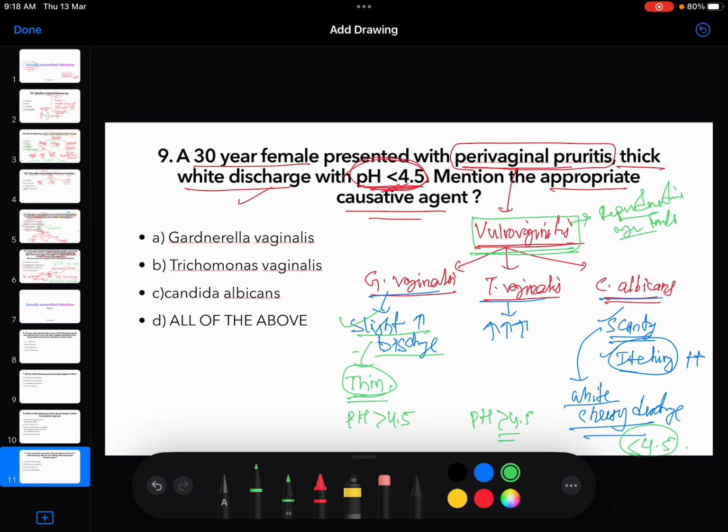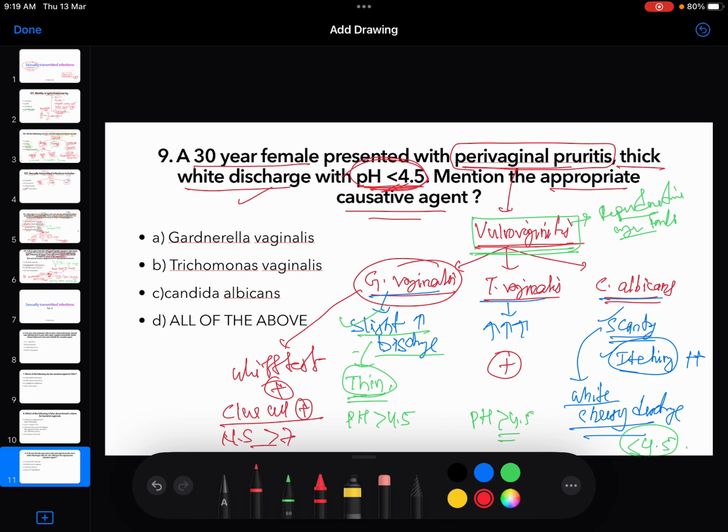Other differences: in Gardnerella vaginalis, we find that the whiff test is positive, which is also positive in Trichomonas vaginalis, but it is negative in Candida albicans. On microscopy of Gardnerella vaginalis, clue cells are present, and the diagnostic Nugent score is more than 7.